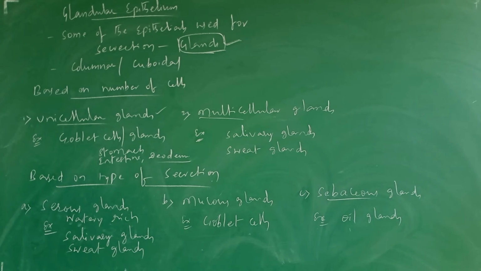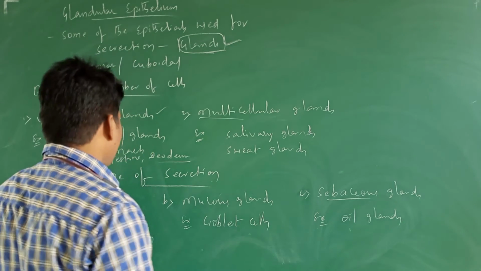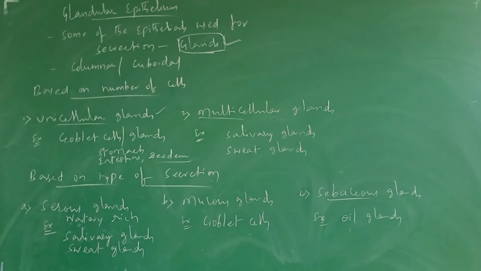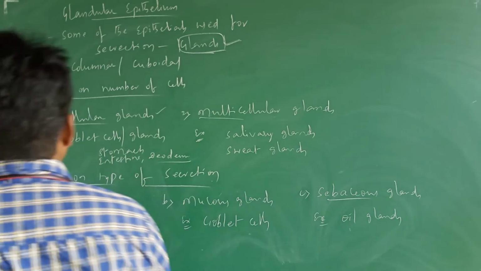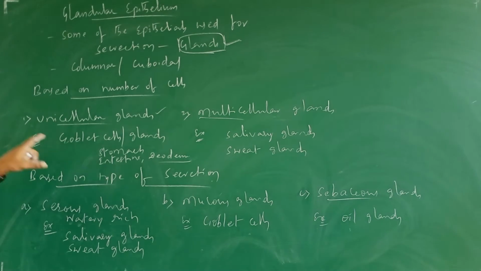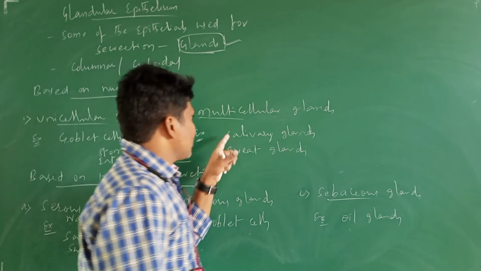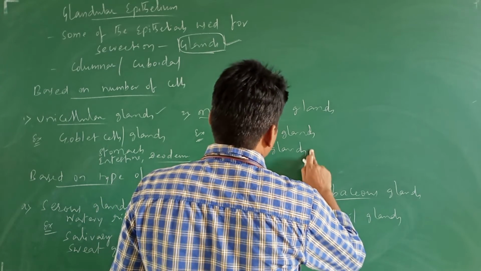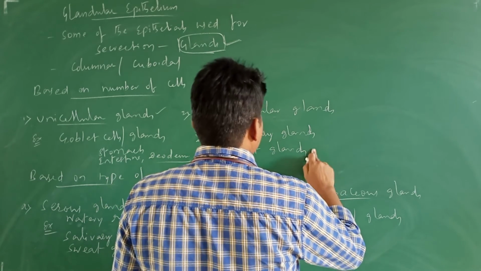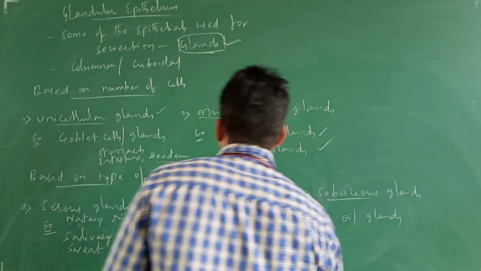So based on type of secretion, we are going to see based on mode of secretion. Please go through this. Unicellular glands, goblet cells. Next, multicellular glands, salivary glands, sweat glands. Just remember salivary glands, sweat glands.